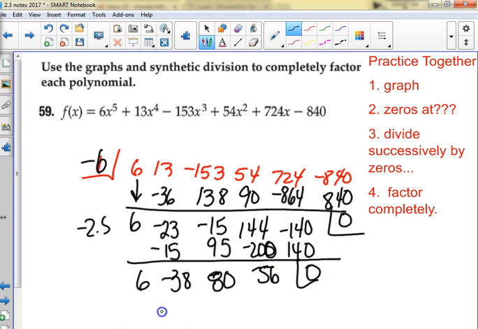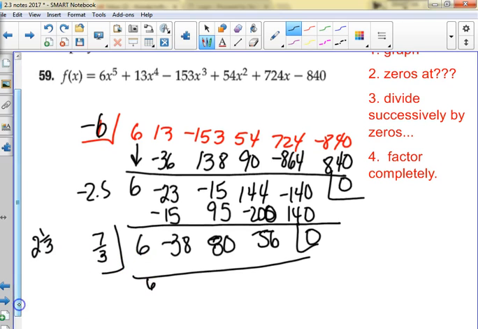Okay. Anything else? What is 2 1/3? 7/3. So somebody help me. 6 times 7/3. It's 14.